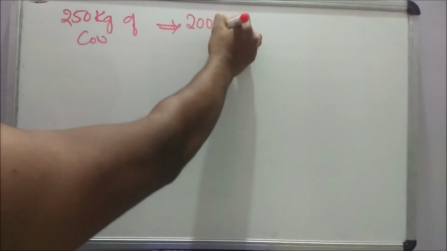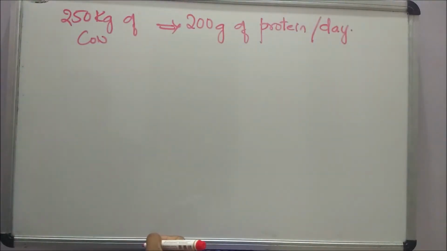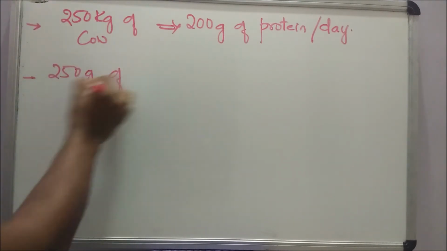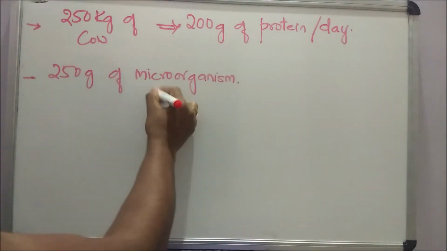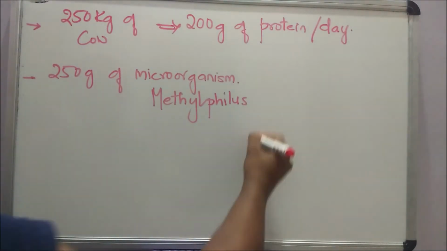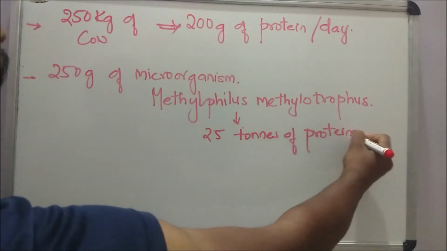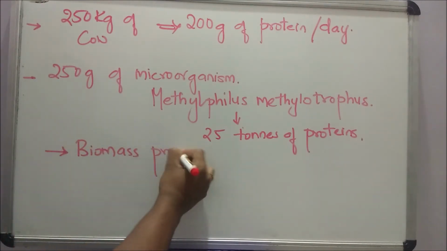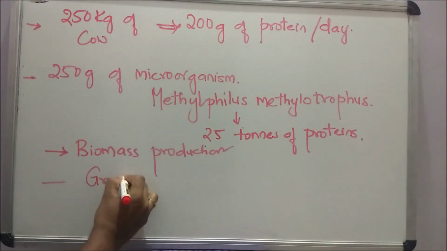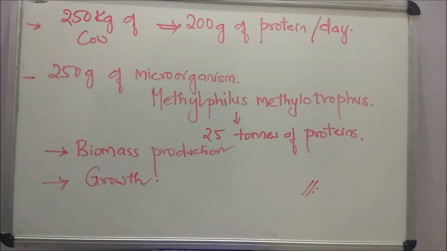It is calculated that 250 kgs of cow produces 200 grams of protein per day. In the same period, 250 grams of a microorganism like Methylophilus methylotrophus, because of its high rate of biomass production and growth, can be expected to produce 25 tons of protein.